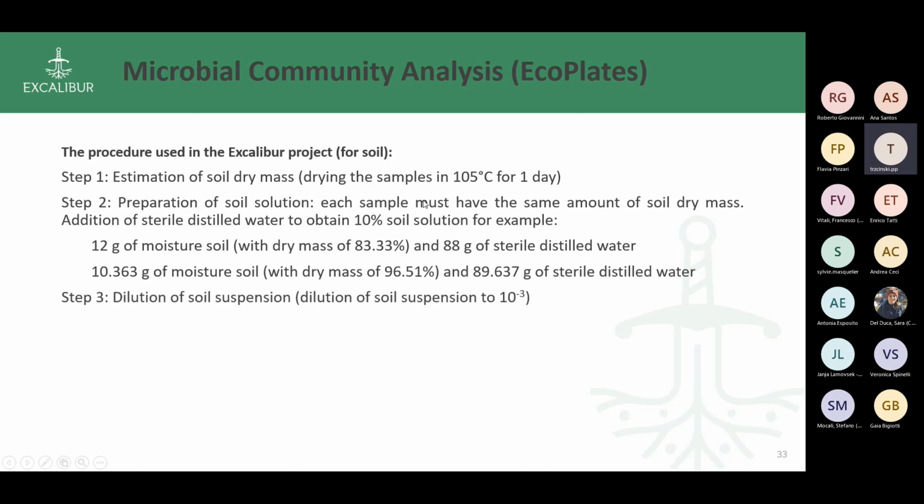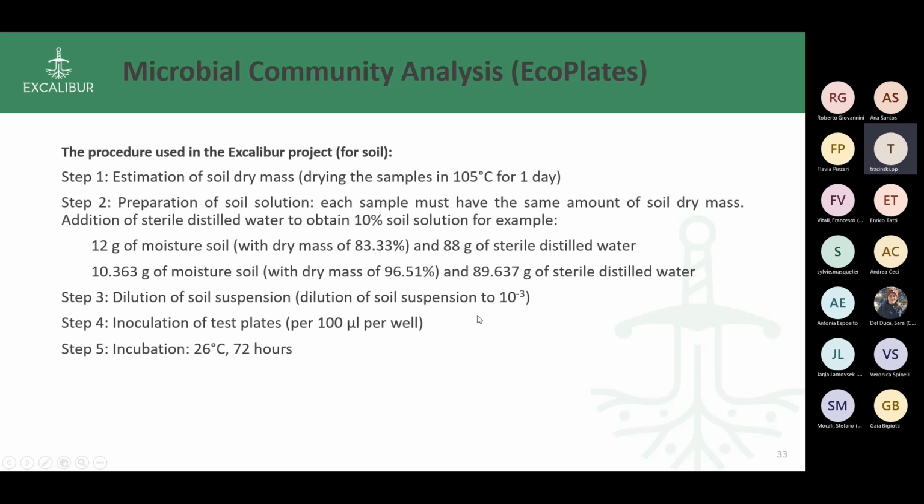The next thing is dilution of the soil. In the Excalibur project, we use a dilution of 1 to 1000, but everything depends on your studies and on your samples, and I will show you that a little bit later. Then we inoculate the test plates with 100 microliters, but you can feel free to use another volume of inoculum.